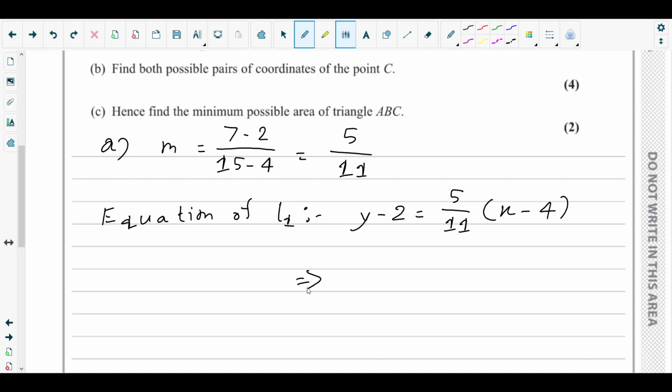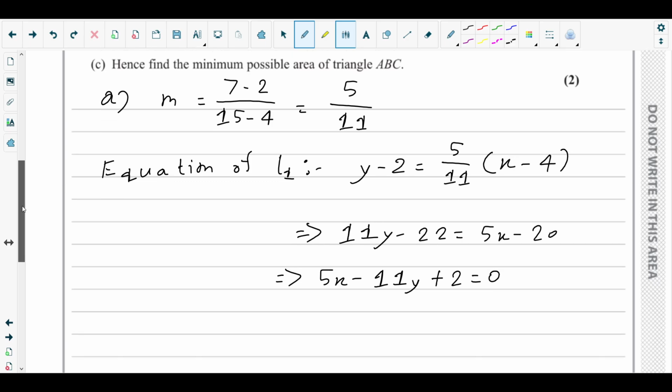We need this equation in the form Px plus Qy plus r equals 0. So multiply both sides by 11, and we get 11y minus 22 equals 5x minus 20. Take all of the terms to the same side, so you will get 5x minus 11y, then minus 20 plus 22, that is plus 2, equals 0.